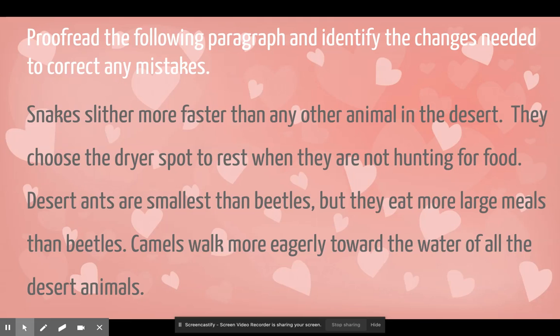So we're going to look for the adverb in the first sentence that is a mistake, and you're going to write the correct way that the adverb should be identified. So the first sentence says, snakes slither more faster than any other animal in the desert. You should have changed more faster to just faster.